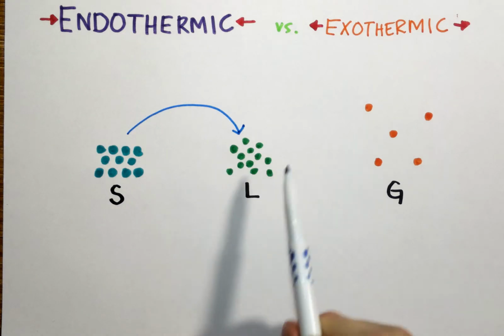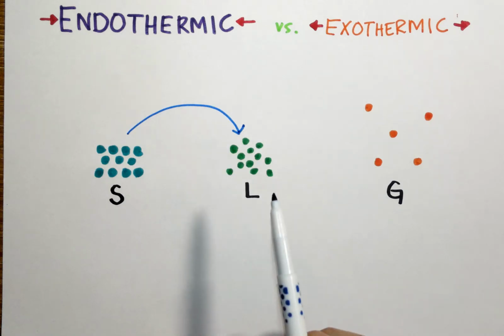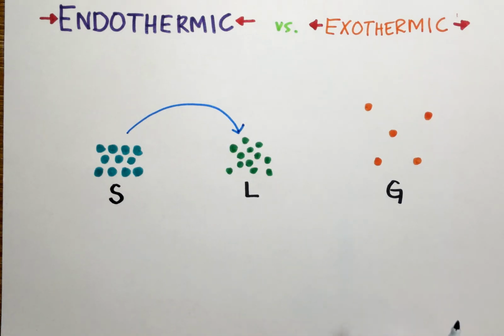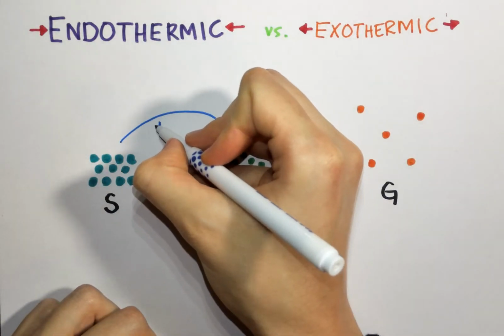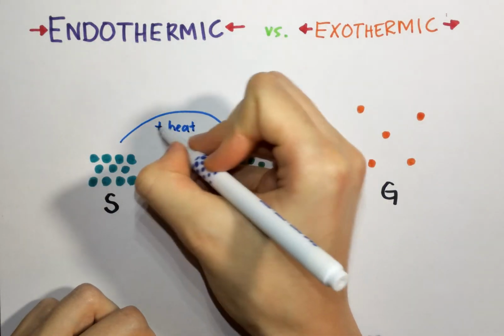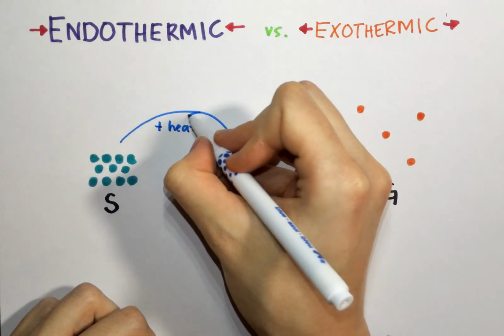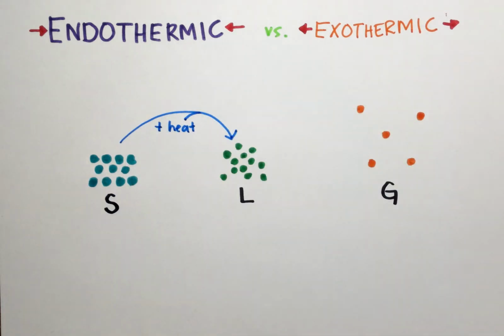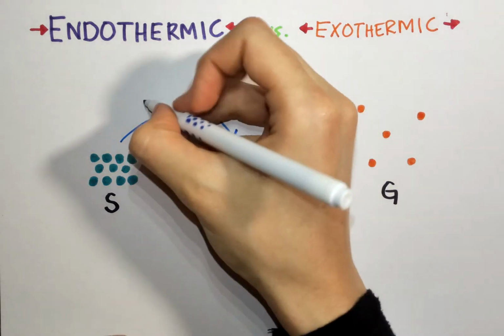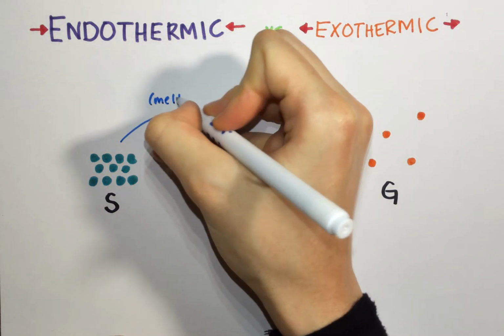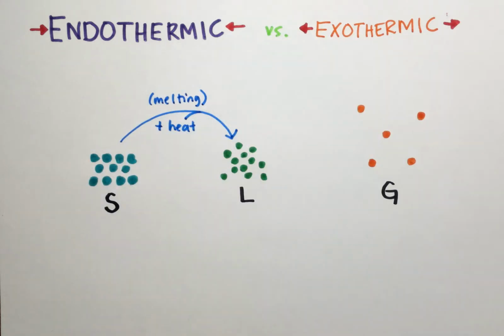system, these particles have a little bit more energy, and that energy needed to come from somewhere. And in fact, it came from the addition of heat into that change, right? So the process of going from solid to liquid, or melting, required the addition of heat.